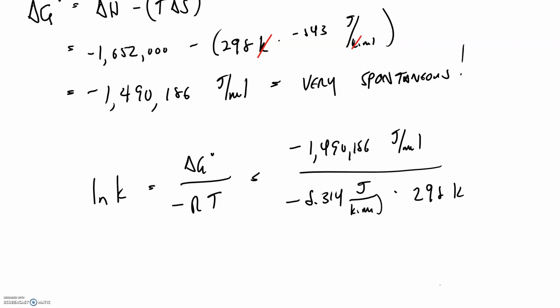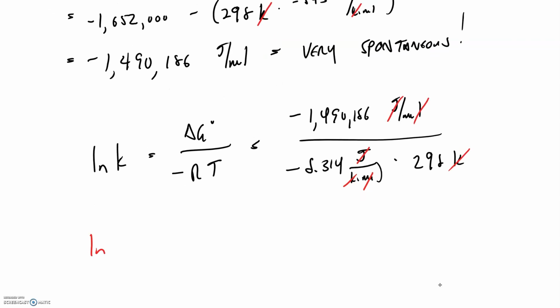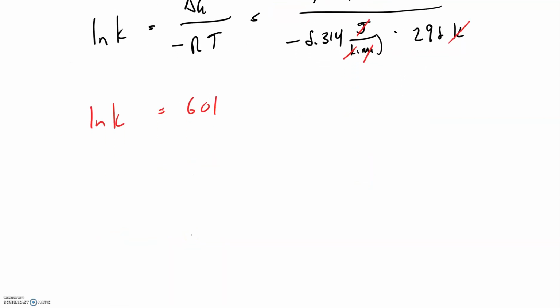What's cool about this is that all the units cancel. So natural log of K is going to be equal to, through the magic of technology, 601.